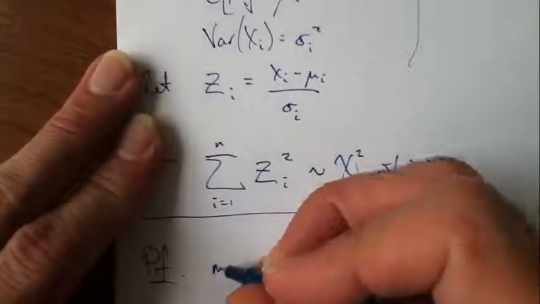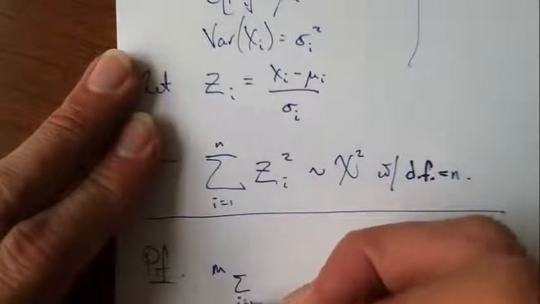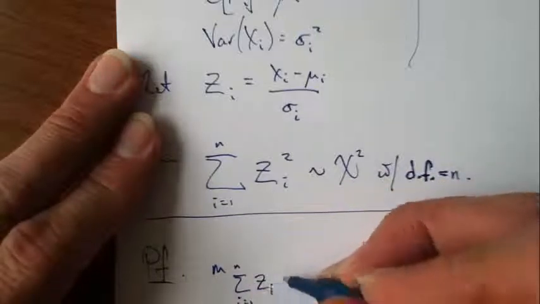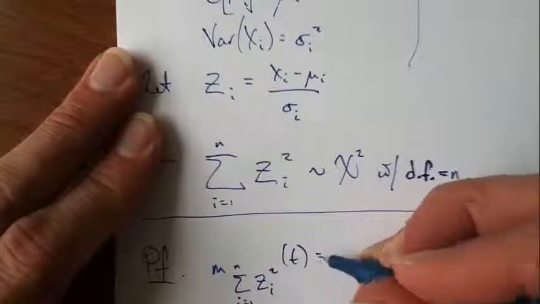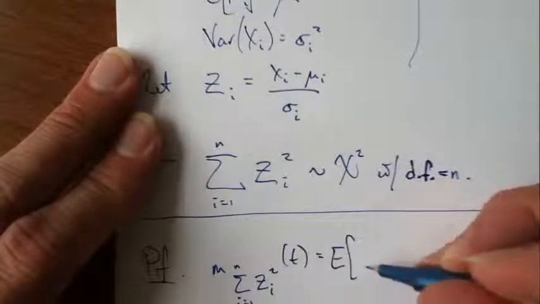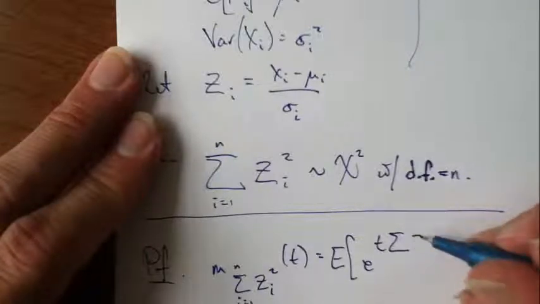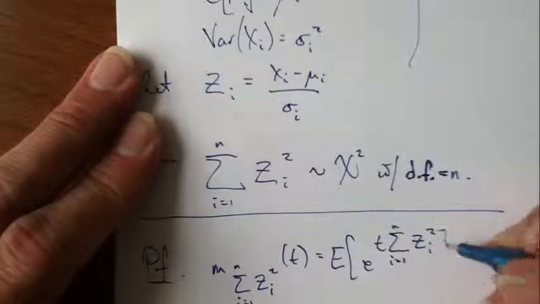So this goes like this. The moment-generating function for the sum, i goes from 1 to n, of these z sub i squared, of t, is the expected value of e to the t times the sum of z sub i squared, i goes from 1 to n.